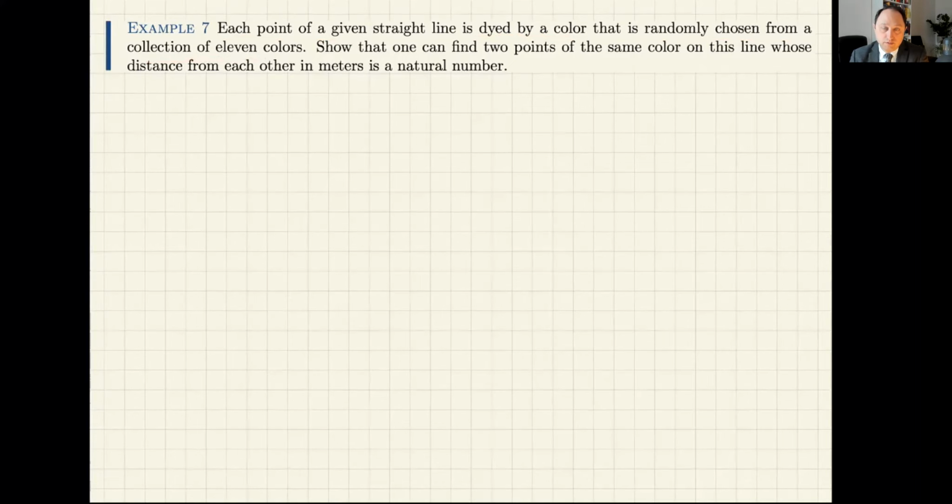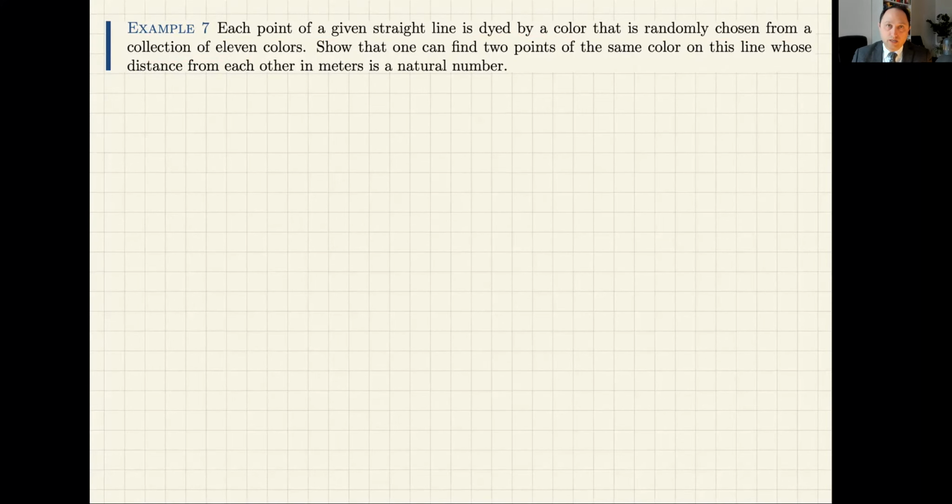So we have 11 different colors, and then we have a straight line. When I say a straight line, it means that it goes to infinity from both sides. So definitely there are infinitely many points on this line. Each point is randomly colored by a color chosen from a collection of 11 colors.